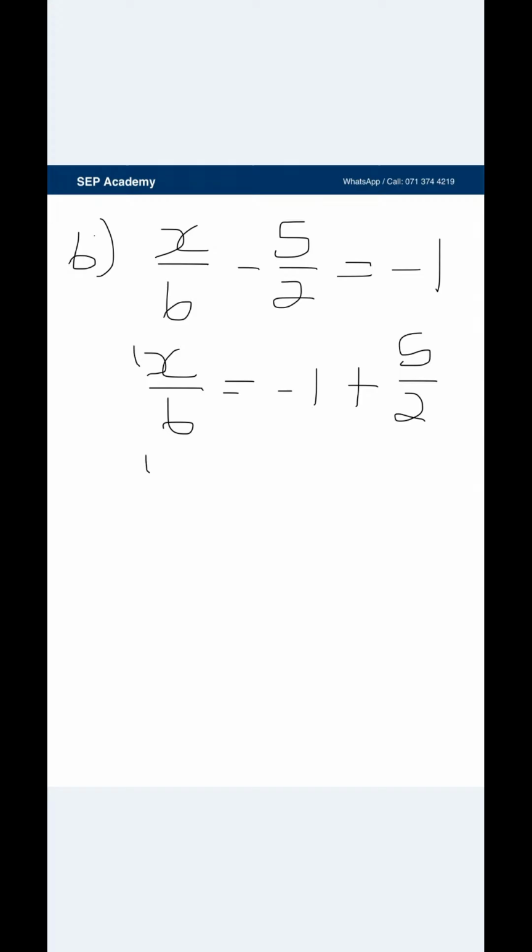That is why it would be best for me to write it as that, just so that it becomes easier for me to detach it. But negative 1, when you plus it with 5 over 2, it gives you 3 over 4. So that means you have positive 3 over 2, not over 4, but over 2.